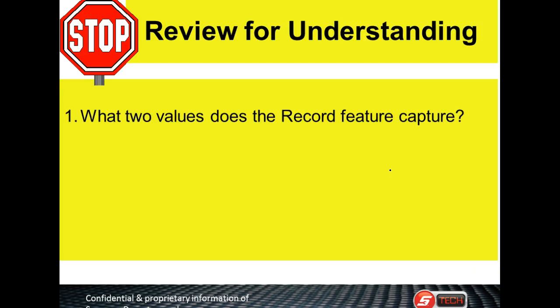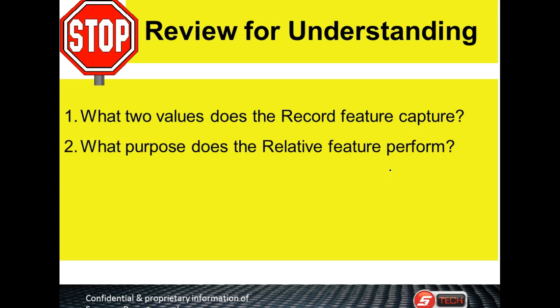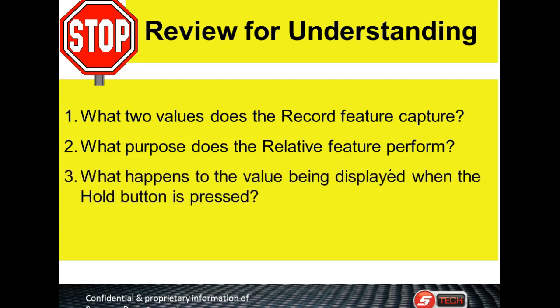What two values does the record feature capture? Yeah, maximum and minimum, right? What purpose does the relative feature perform? Yeah, from a reference point. So we can make measurements from it. We can tell if it's below that reference or above that reference, right? And what happens to the value being displayed when the hold button is pressed?